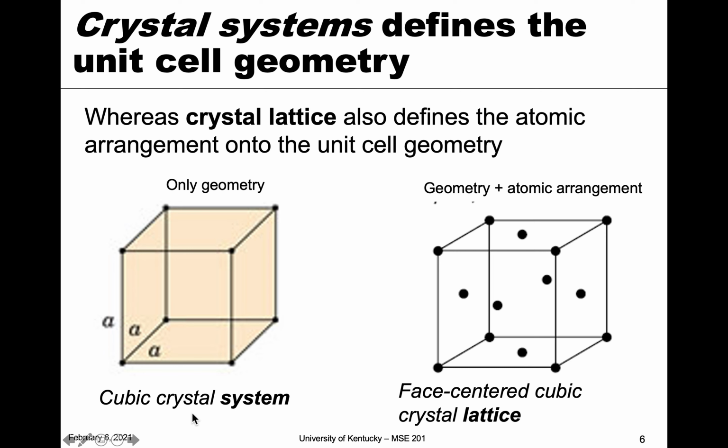So even though it's cubic, that just defines the system. If we want to talk about a lattice, we take that geometry and then add an atomic arrangement to it. So FCC, or face-centered cubic, has atomic arrangement at each corner along with each face, right? That gives us FCC. So that's what a system and that's what a lattice are.